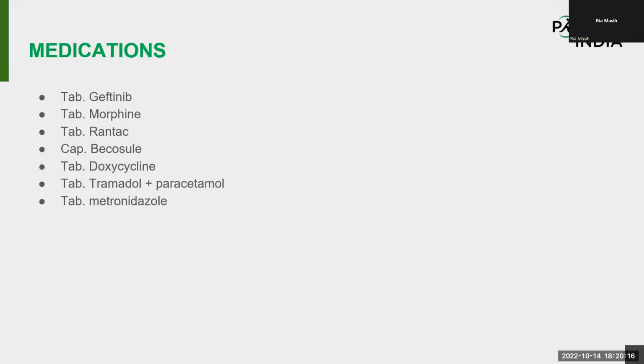Anybody want to modify this prescription? Okay, Sheena, the doctor said add bisacodyl. Okay, then antiemetics and laxatives. Okay, very good. Any other points?